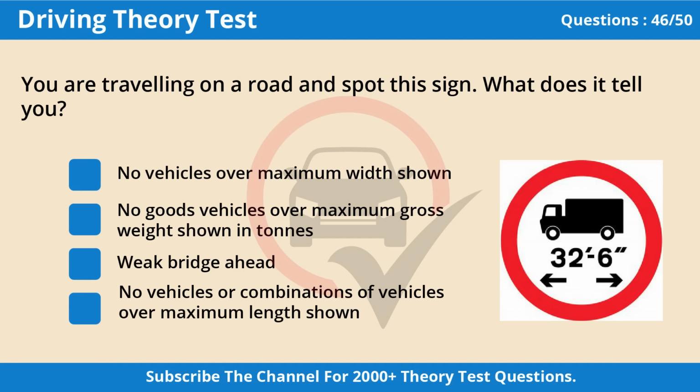Question 46. You are traveling on a road and spot this sign. What does it tell you? A. No vehicles over maximum width shown. B. No goods vehicles over maximum gross weight shown in tons. C. Weak bridge ahead. D. No vehicles or combinations of vehicles over maximum length shown.